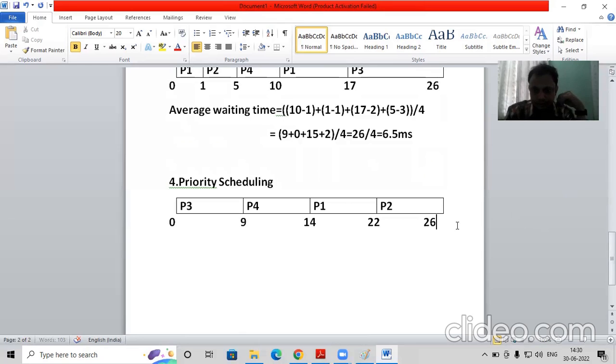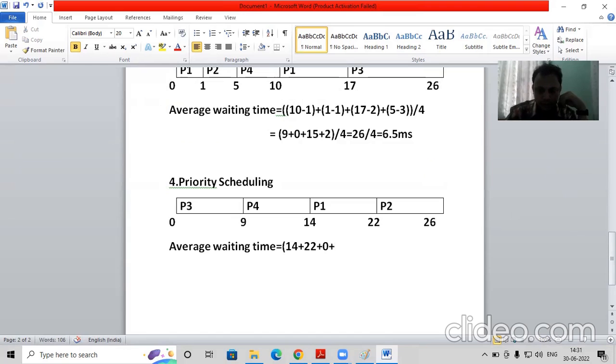Now, in the same way, we are going to find the average waiting time. In this case also, the average waiting time: for P1 the waiting time is 14 milliseconds. For P2, it is 22. For P3, it is 0.